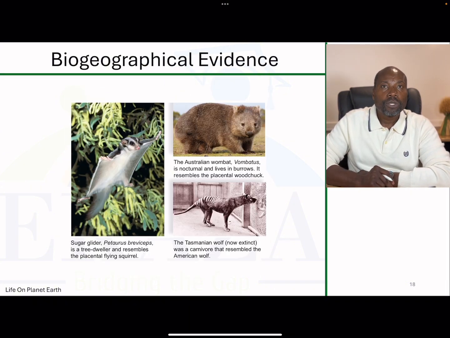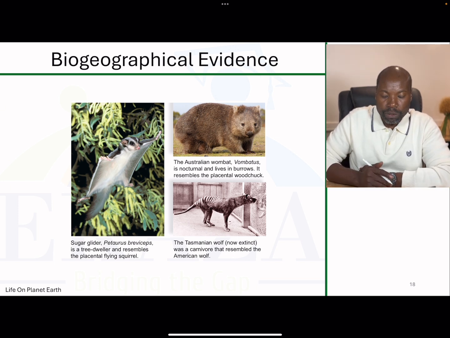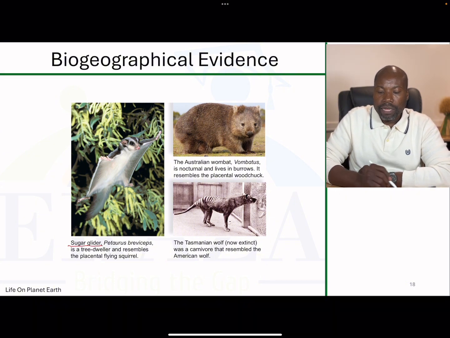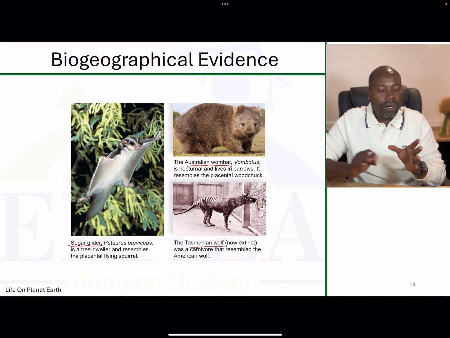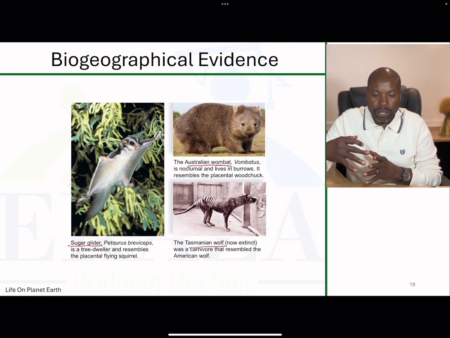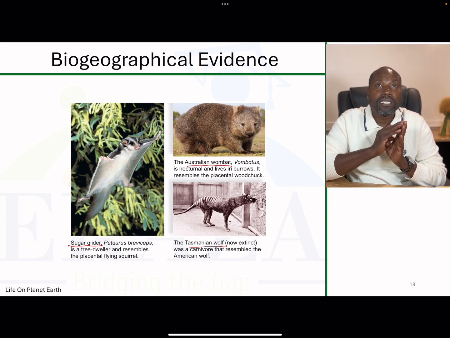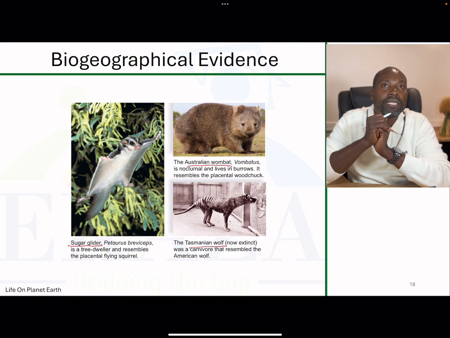All right, some more evidence of connection between living organisms: the sugar glider squirrel, the Tasmanian wolf, the Australian wombat. These organisms actually are very reminiscent of other organisms, while these other organisms live in different locations in the world, in the continents, right?